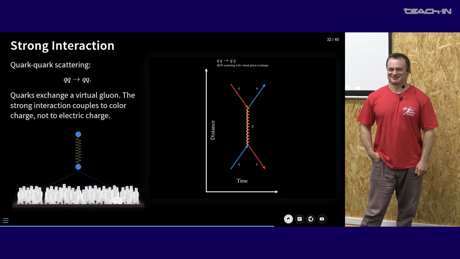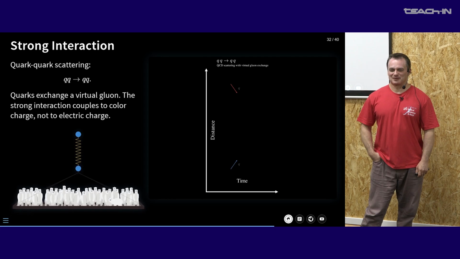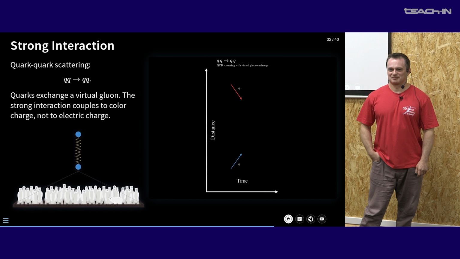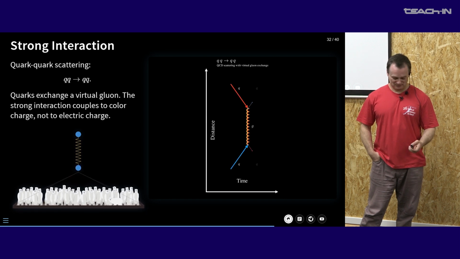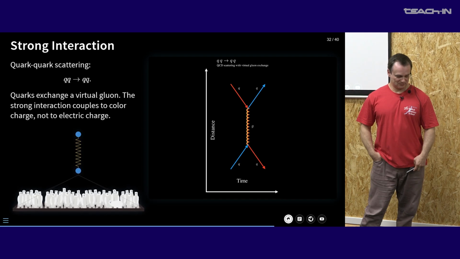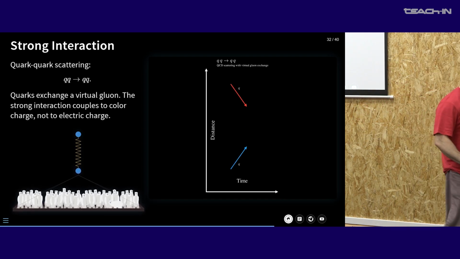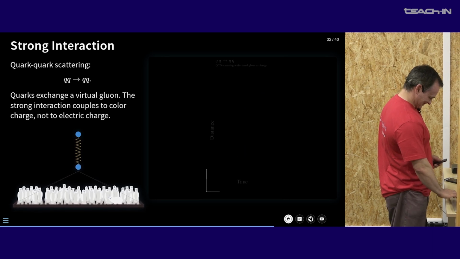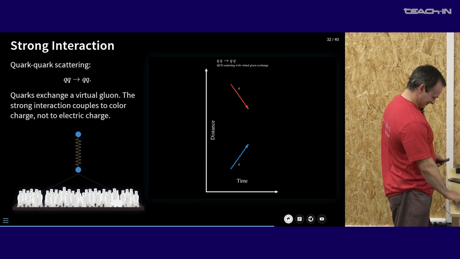More questions? We have time. Can you show your slide with two formulas for the cross section with real and virtual contribution?